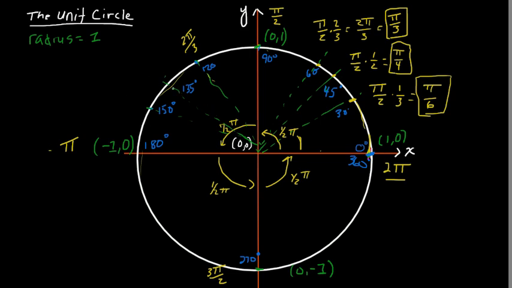All right, now we're at 135, which we have our first unit of 45, another unit of 45, and now another unit of 45. So these are in half pi's. It was pi over 4 for this, pi over 2 for this.